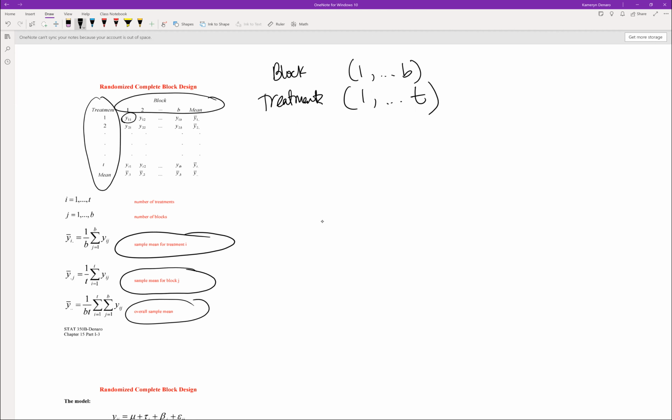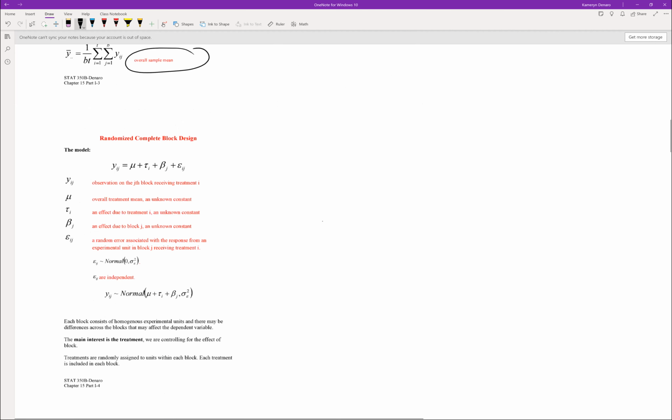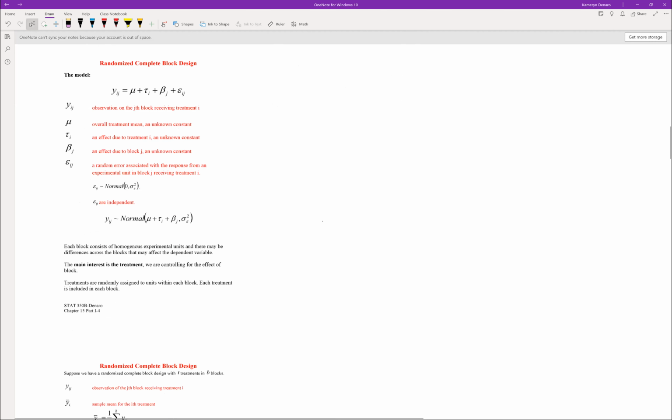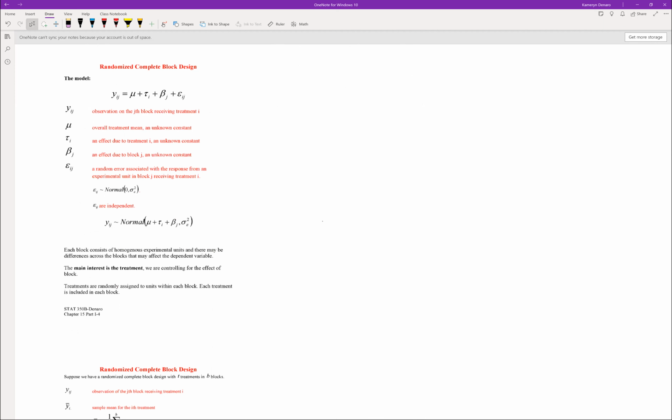So how does this end up looking in terms of a linear model? We have Yij equals mu plus tau i plus beta j plus epsilon ij. Remember, Yij is the response, the observation in the jth block receiving treatment i.